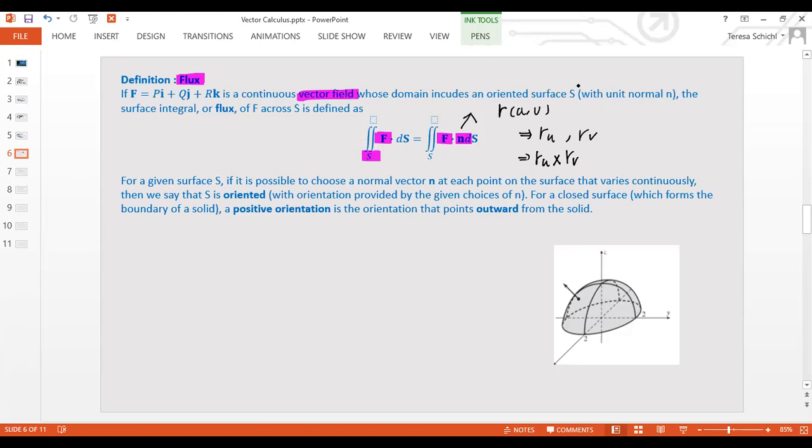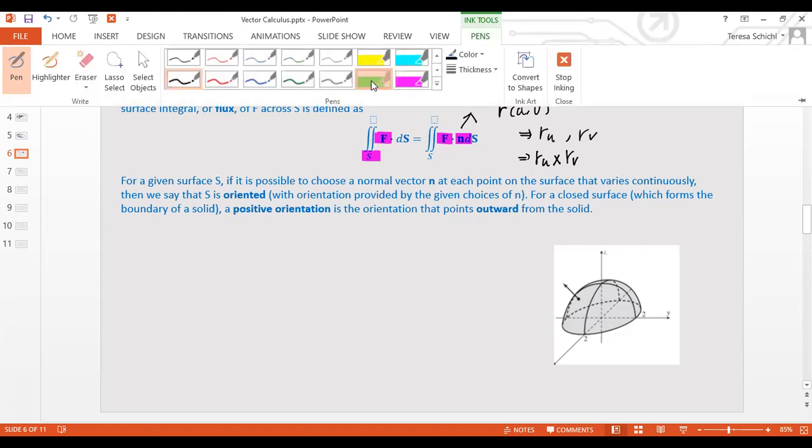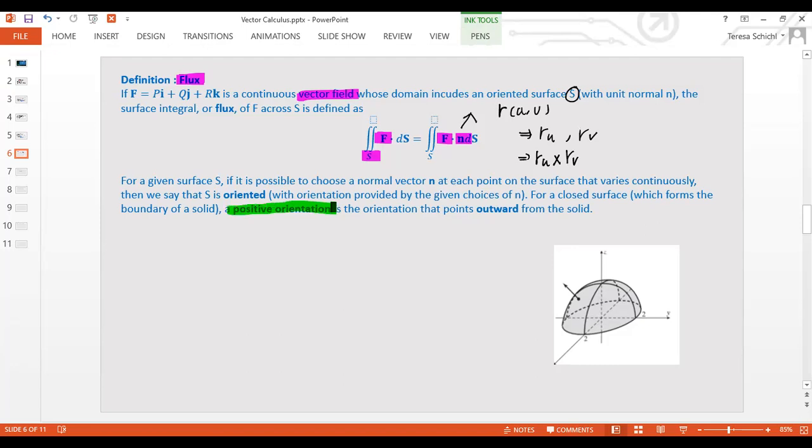S here is an oriented surface, and we call it a positive orientation when the normal vectors go outward.